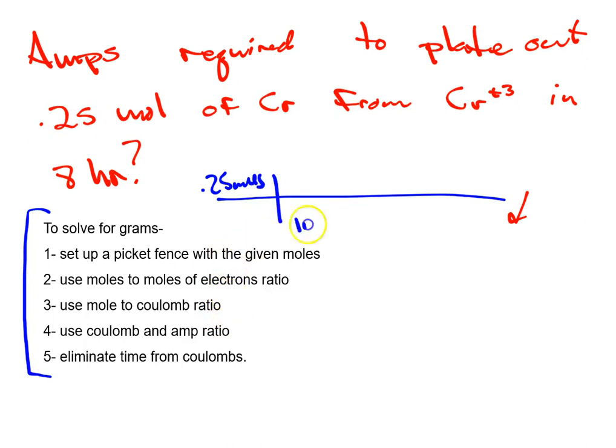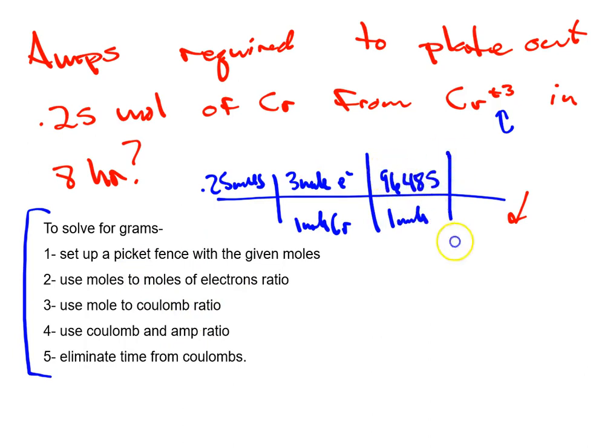So for every 1 mole Cr, I have 3 mole electrons because it's a +3. You okay with that? All right. Use mole to coulomb for every 1 mole, 96485. All right. And then that's this.